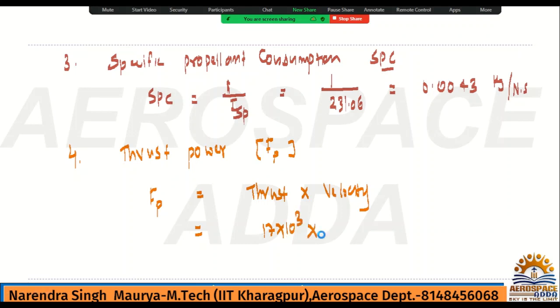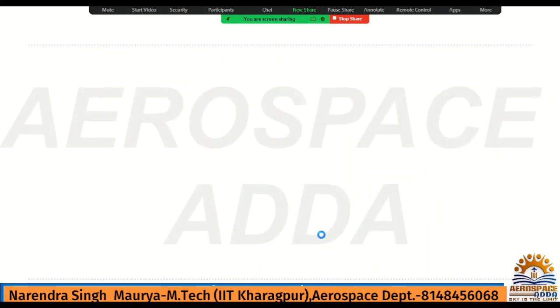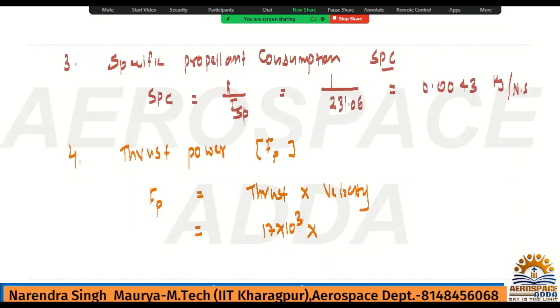And velocity of the vehicle they have given to us is 850 meter per second.